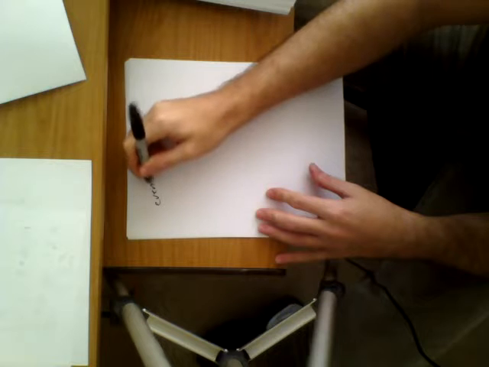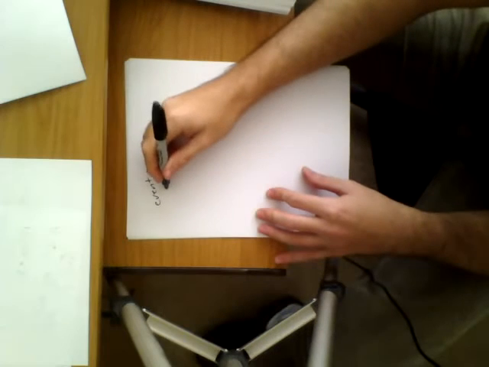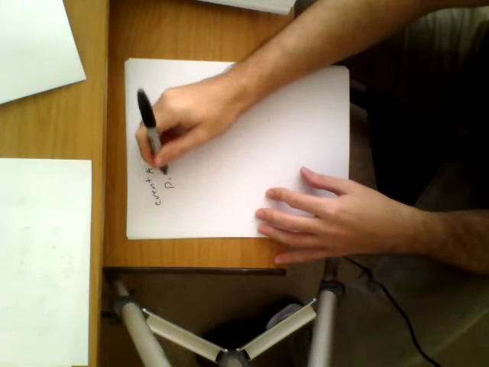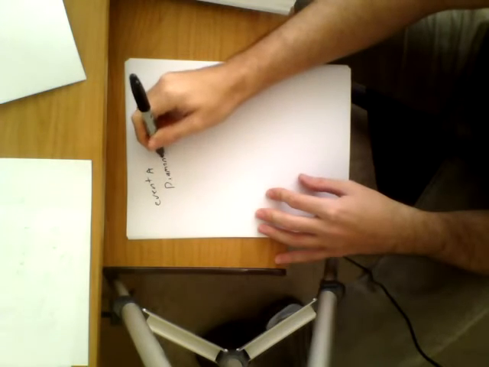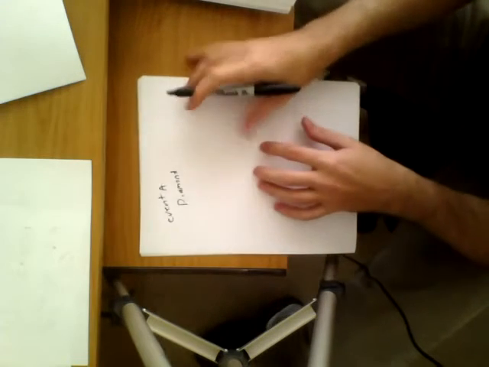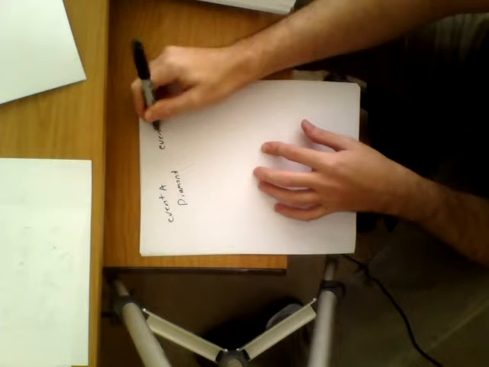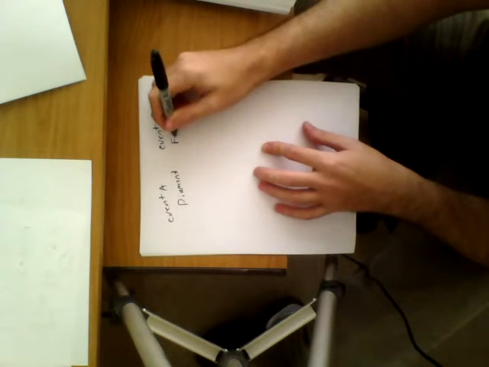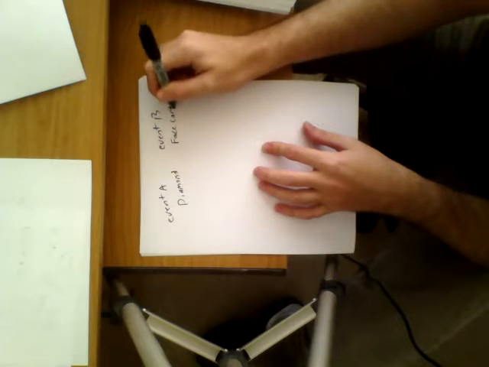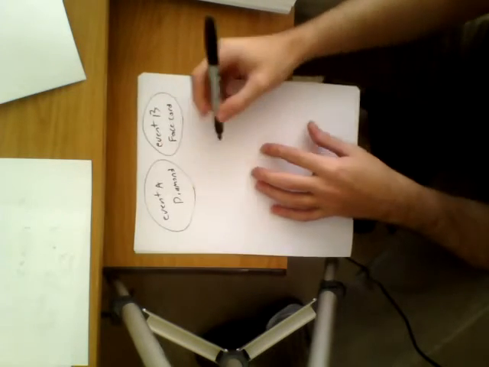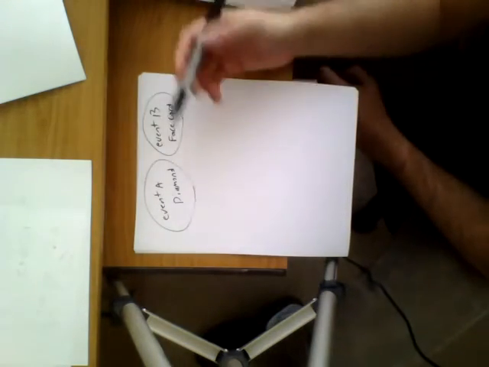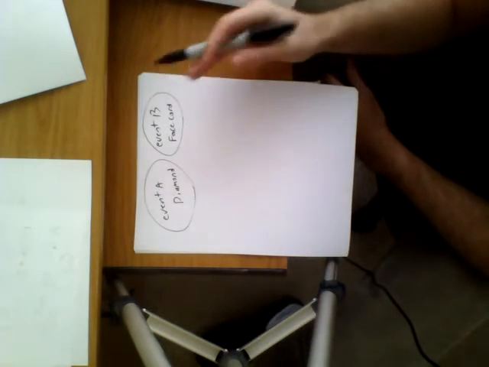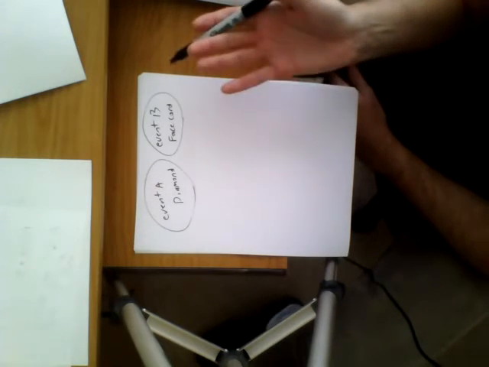Let's do one more event. We've got some cards here. So we've got 52 cards, no jokers or anything like that. And we're just going to draw 1 card and see what happens. So event A is drawing a diamond. The card happens to be a diamond. Event B is drawing a face card.